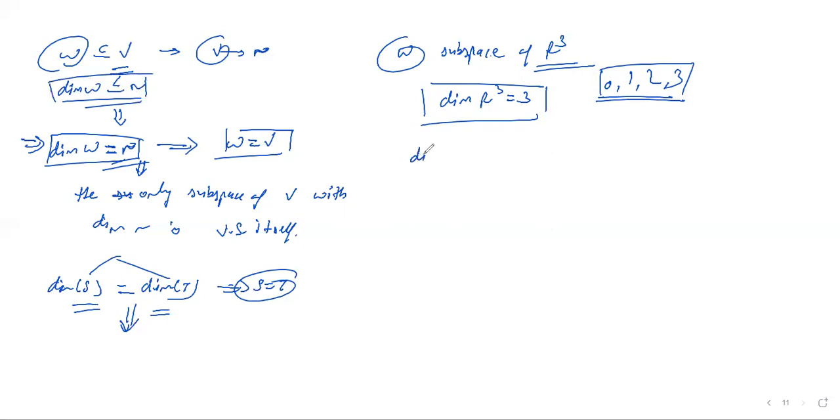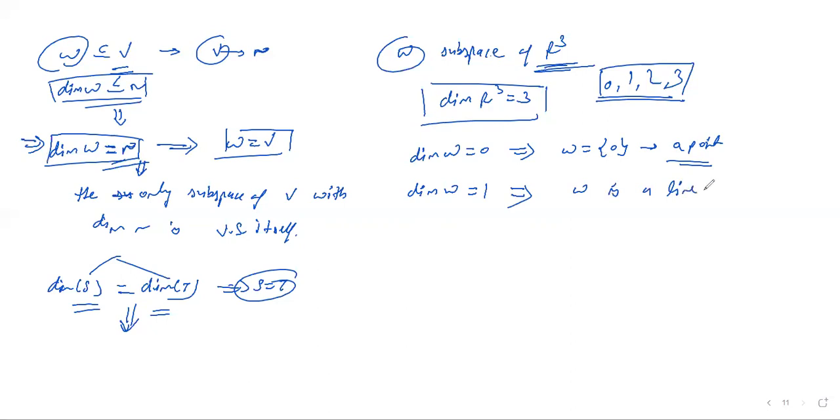If the dimension of W is equal to 0 for the vector space R cubed, it means that W is only the point 0, which is a point. If the dimension of W is equal to 1, then W is a line passing through the origin. If the dimension of W is equal to 2, then W is a plane passing through the origin.